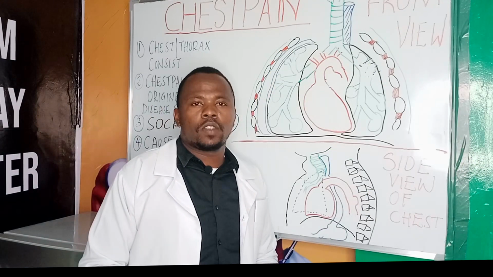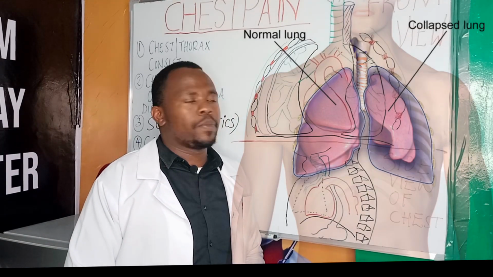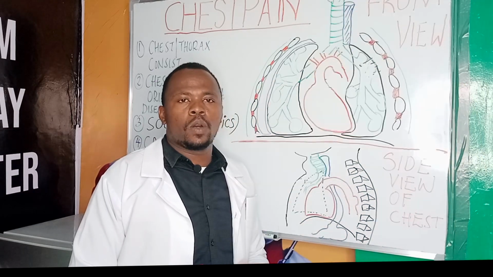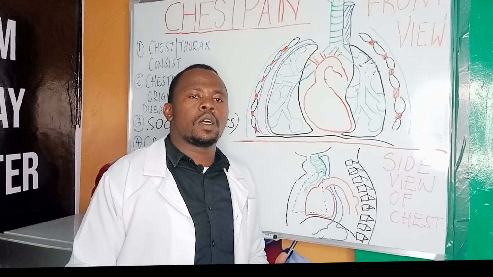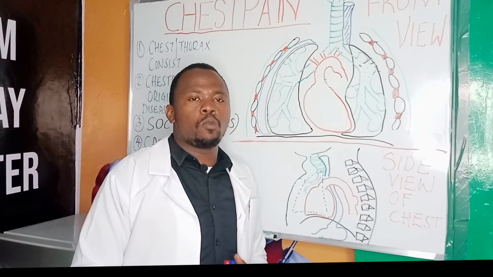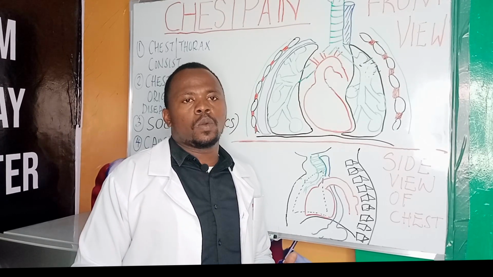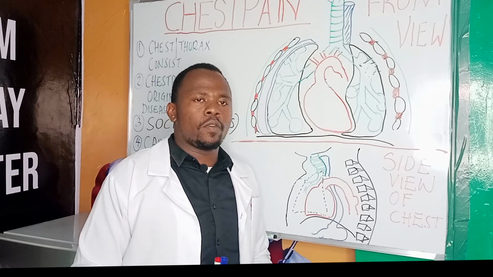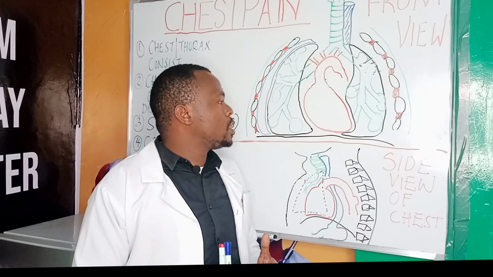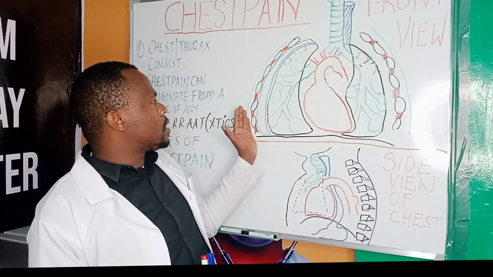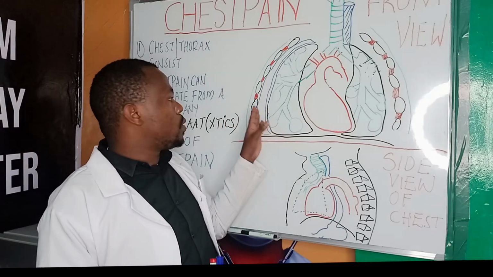Other causes of chest pain, we have a collapsed lung. A collapsed lung can occur when someone has sustained a stab wound or a knife stab. This will allow air from the atmosphere to enter into the space between the ribs and the lungs, which we call the pleura.